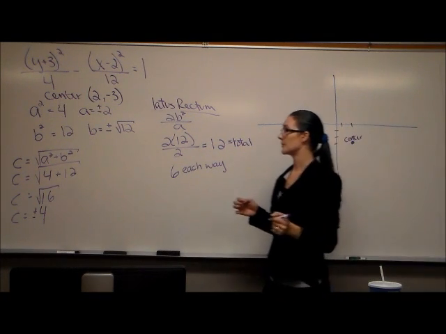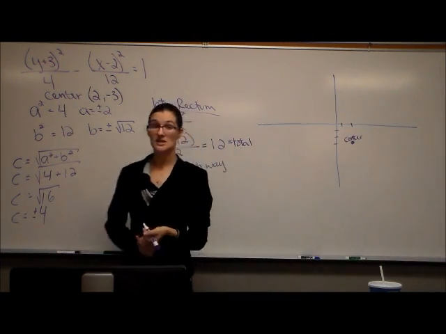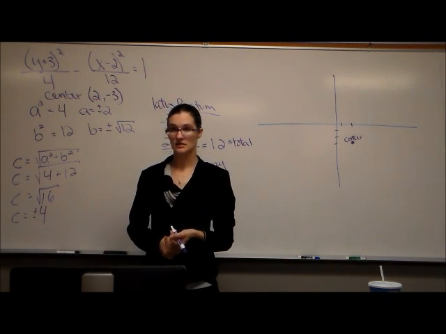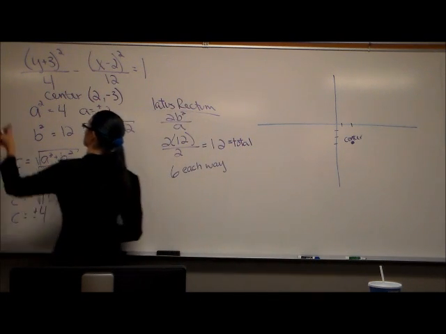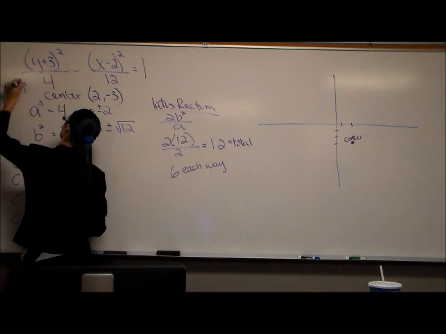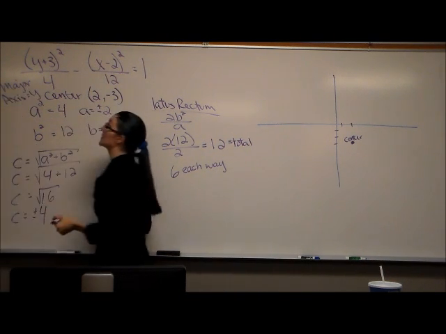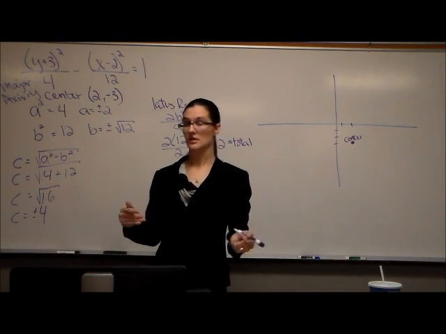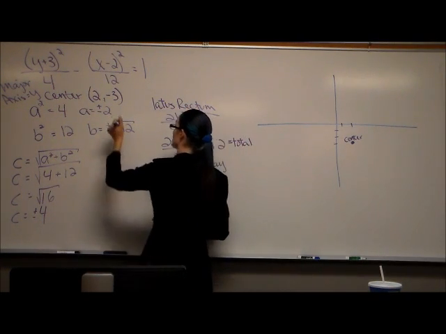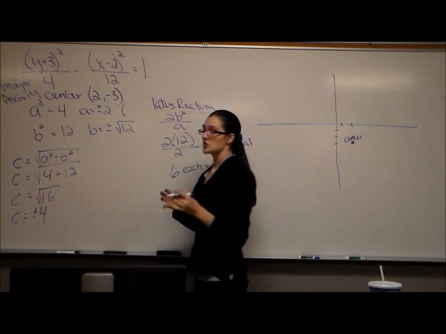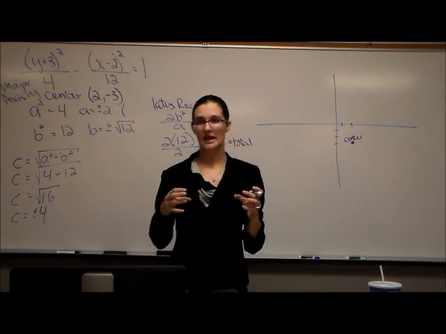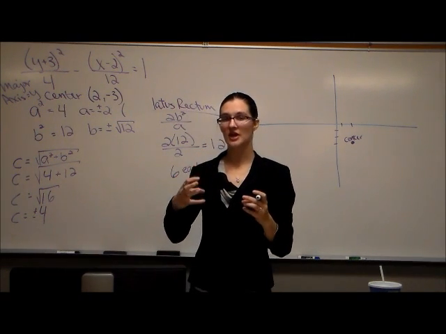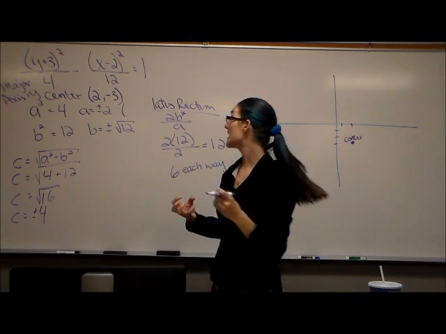So what we're going to do, A is always on your major axis. Here our major axis is Y, because Y comes first. So what you're going to do with your A is you're going to take your center and you're going to adjust the major axis value, which is the Y value.